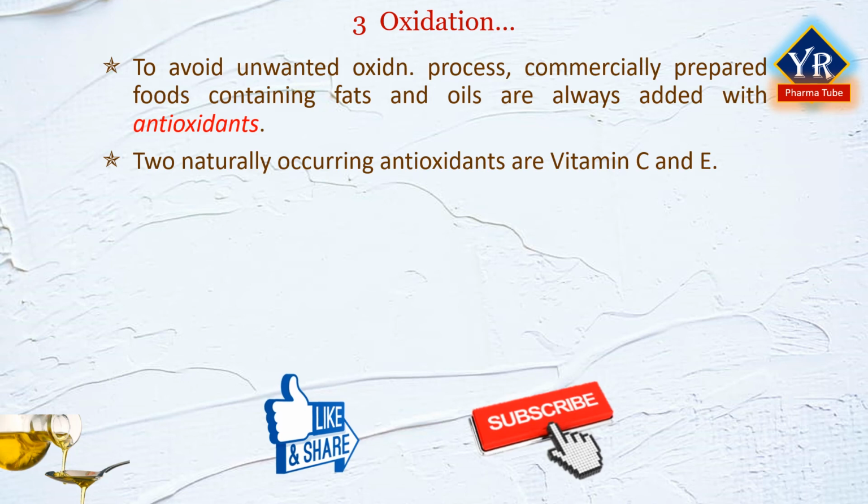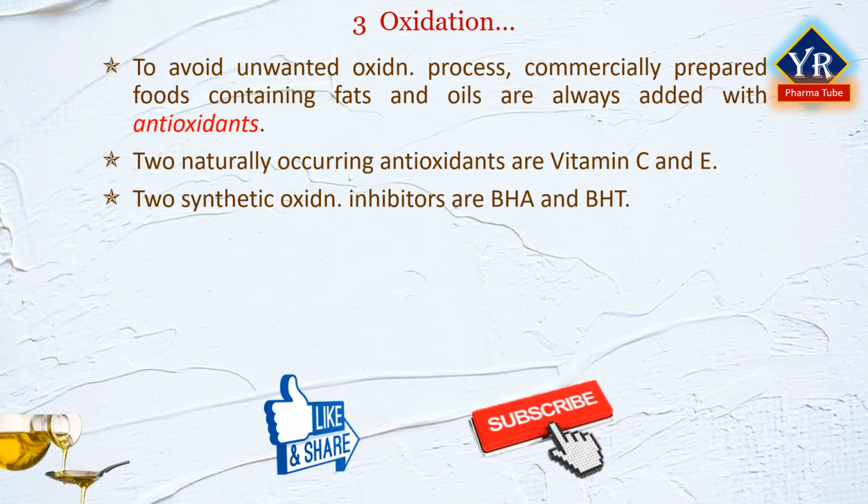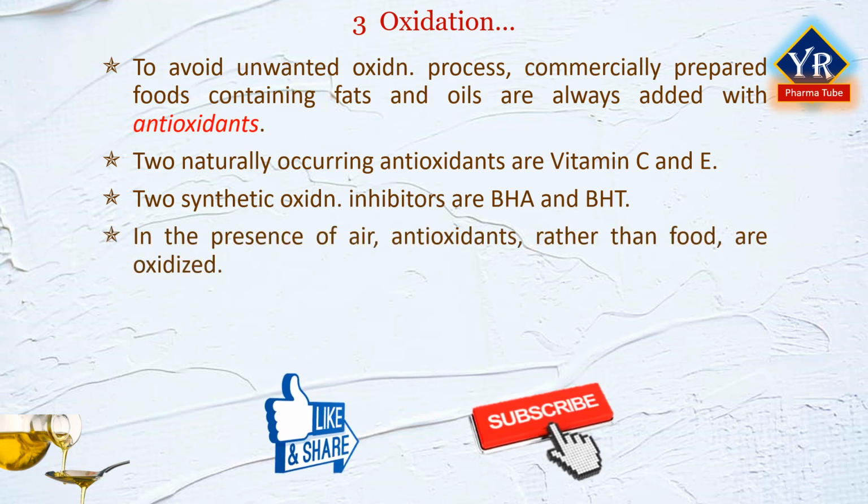Two naturally occurring antioxidants are vitamin C and vitamin E. Two synthetic oxidation inhibitors are butylated hydroxyanisole and butylated hydroxytoluene, which are popularly abbreviated as BHA and BHT respectively. In the presence of air, antioxidants rather than food are oxidized.